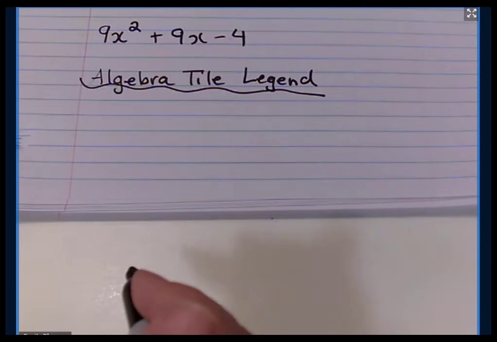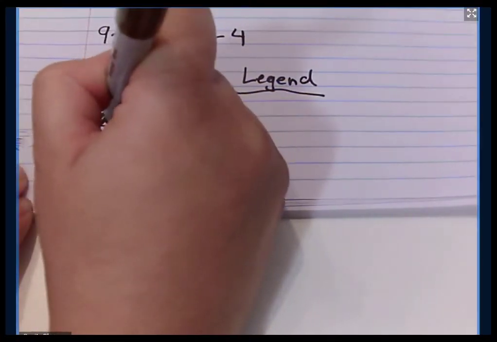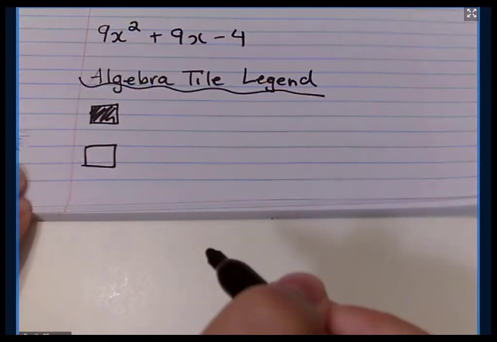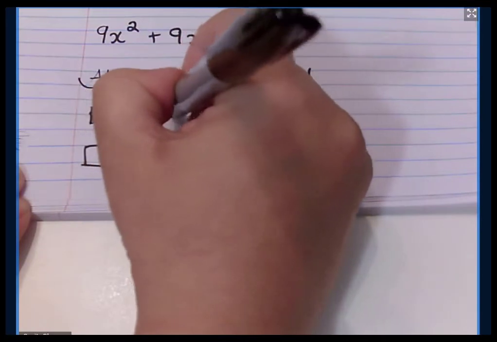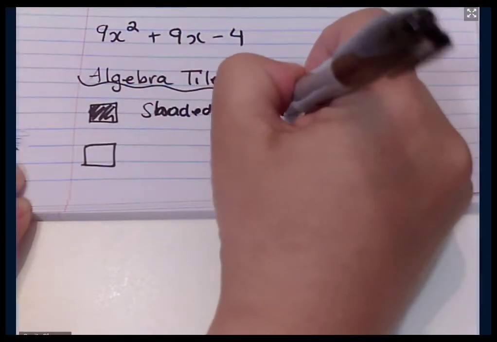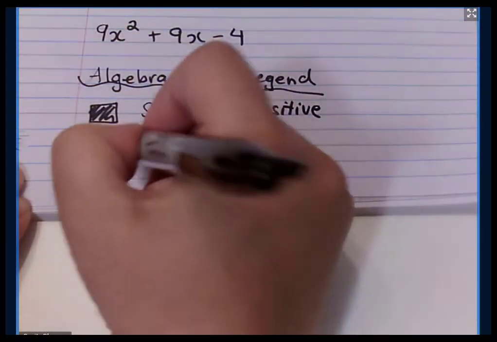So when we look at algebra tiles, we have ones that are shaded, like so, and the other ones that are unshaded, like so. Anytime you see shaded, shaded is positive, and then unshaded is negative.